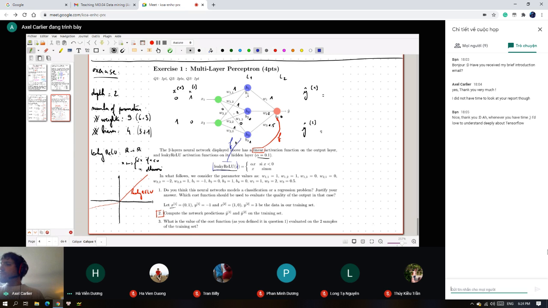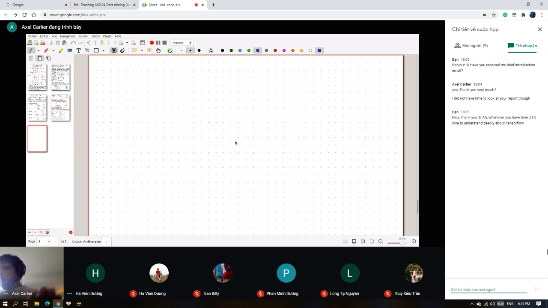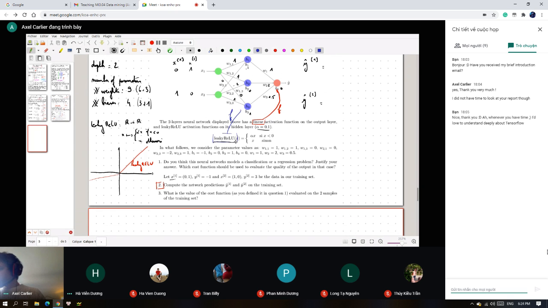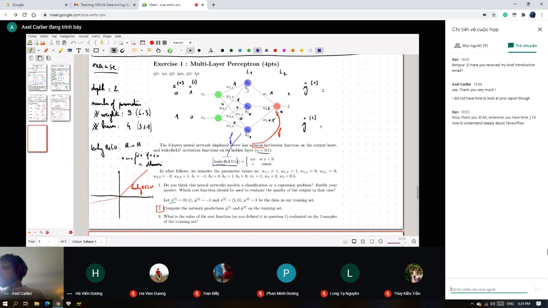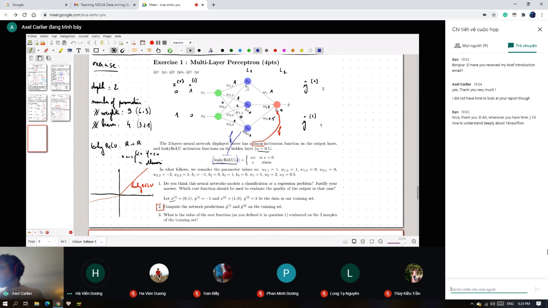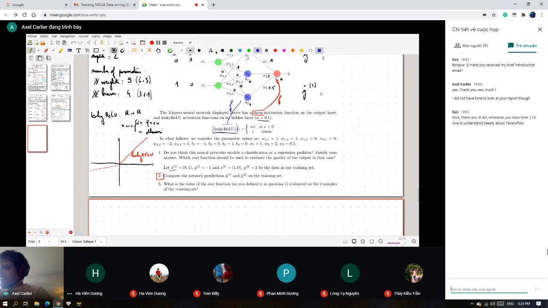So maybe what we can do is start by drawing some kind of table. The goal is to compute y hat, but initially we first have to compute h1, h2, and h3. We'll get our x1 and x2.